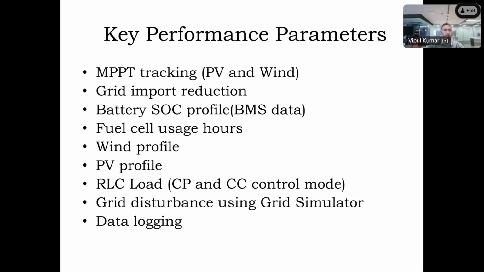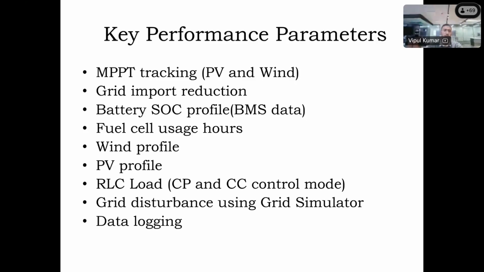So this type of control or architecture we will discuss, and the key parameters, like what is the center of attraction in this system, like MPPT of PV and wind. So various types of MPPT techniques, and the battery profile. We are logging the BMS data. Fuel cell, how we are going to control the fuel cell. There are 3 types of wind profile: manual mode, table mode and simulated mode, and likewise a PV profile also.